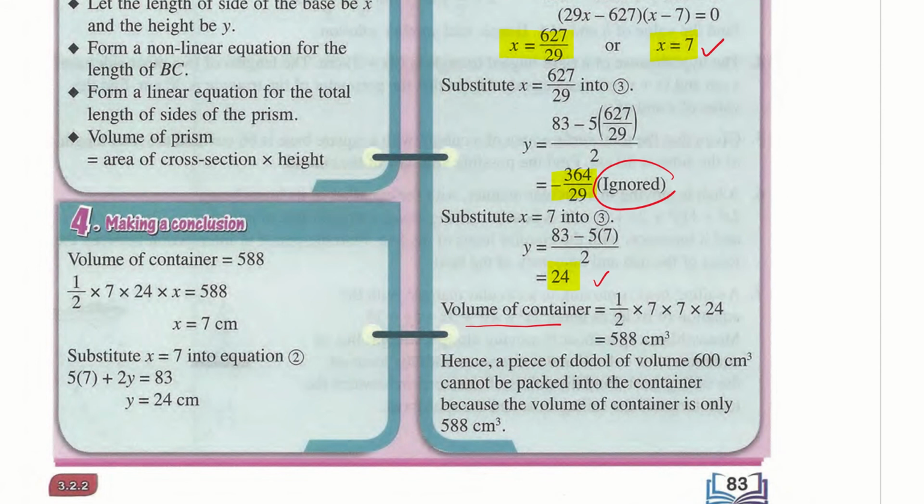You should remember the formula for a right prism: cross section multiplied by height. So it is equal to 588. Since 588 is less than 600, we can conclude that it cannot be packed into the container. So this is how we solve a problem.